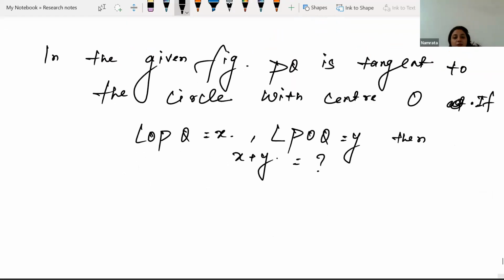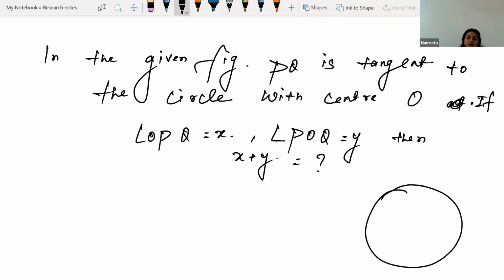Let me draw the figure. We are having a circle over here, having center O. In the given figure, PQ is the tangent. So we are having a tangent like this.